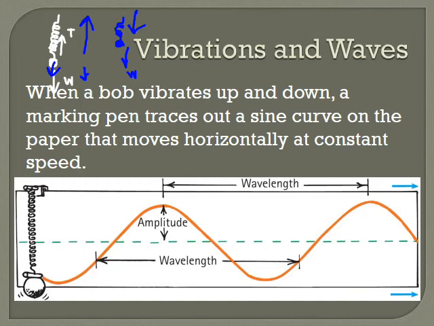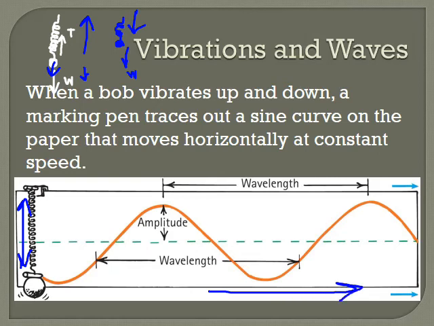Now imagine as my ball is doing that, which we can picture here, the ball's going up and down. Now imagine that we have a little pen attached to that ball, and we have a piece of paper, and that paper is moving in this direction. It's kind of like the passage of time.